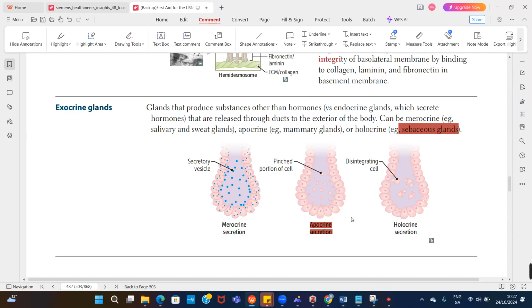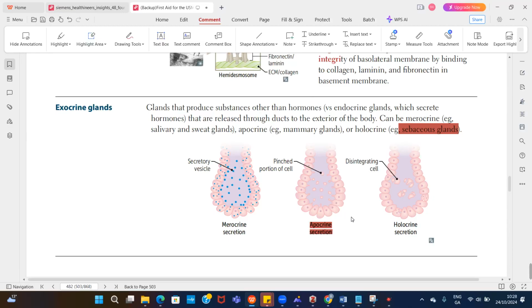The other sweat glands in our body, aside from these two areas, are called eccrine sweat glands. So apocrine sweat glands and mammary glands follow the apocrine secretion approach.